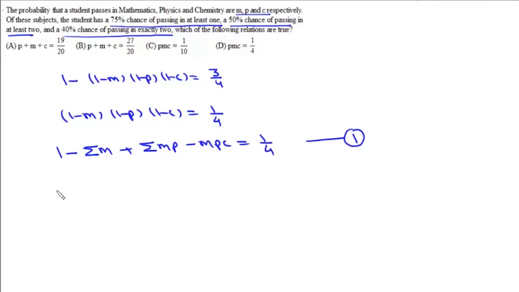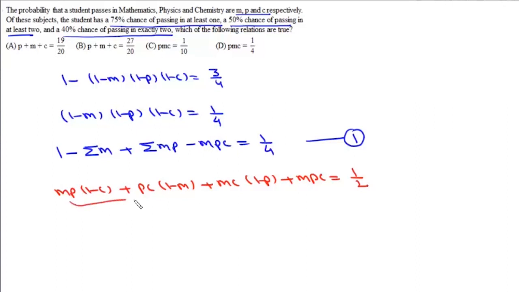Now in at least 2, it will be MP(1 minus C), PC(1 minus M), MC(1 minus P) plus MPC, and this value is 1 by 2, and exactly 2 is this case.